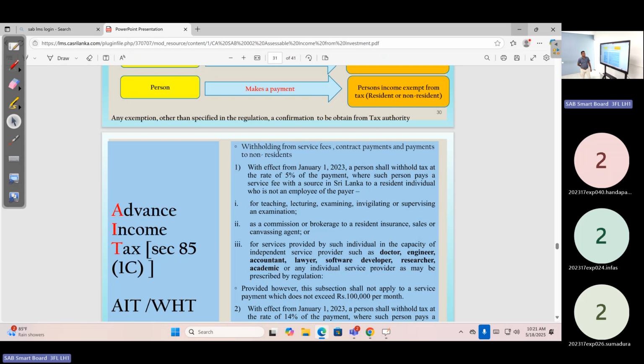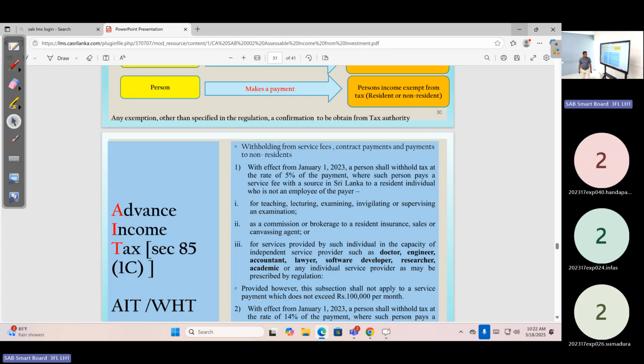For example, for teaching, lecturing, examining, invigilating, or supervising an examination. Teaching, lecturing, examining, that type of services.